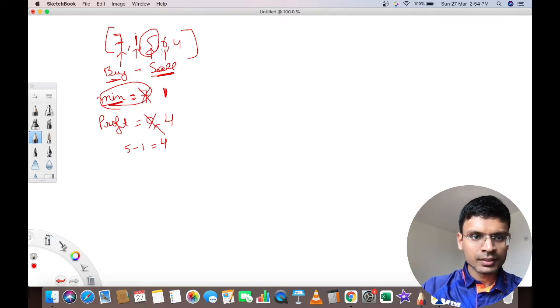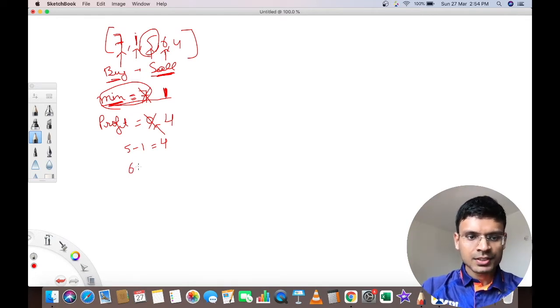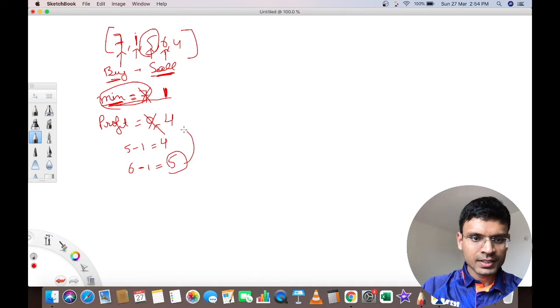Now we come to this value 6. We compare 1 and 6. 6 is greater than 1, so we don't update the min value. Now we need to calculate the profit at this point in time. The current price of the stock is 6, the minimum value of the stock is 1, the price difference is 5. We compare this 5 with this 4, which is less, so we update the profit to 5.